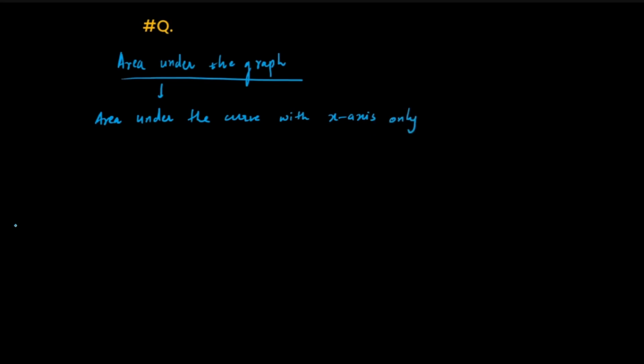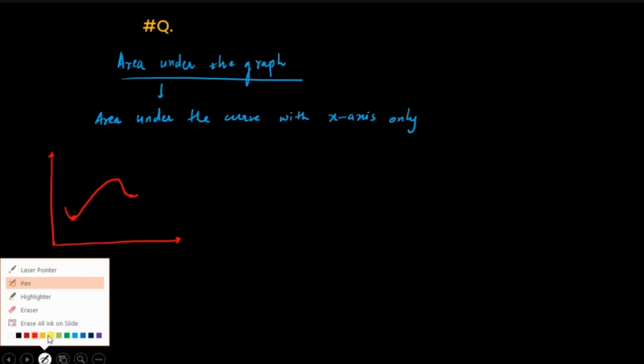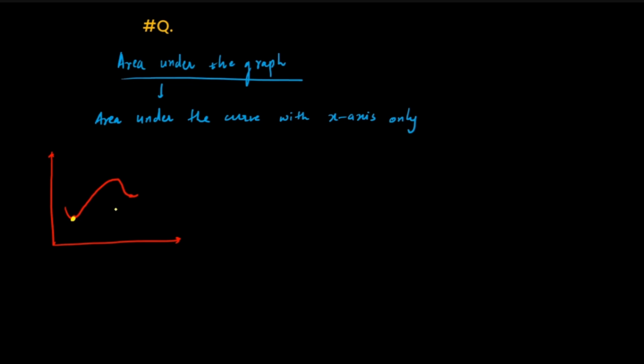For example, if I consider the same graph from the last page, suppose these are the 2 points, and between these 2 points only, we have to figure out the area. What we are supposed to do is join it with the x-axis. So this particular area is what we call the area under the graph.